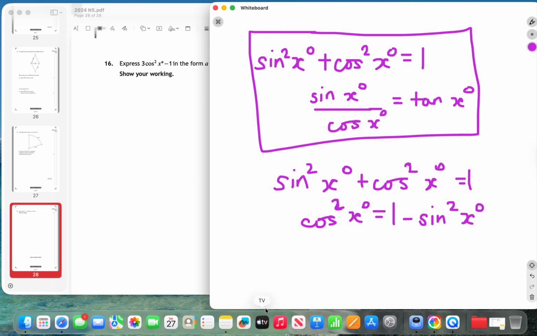Then we want to substitute it into 3 cos squared x minus 1. Just watch where you put the brackets. Be really careful with this one.